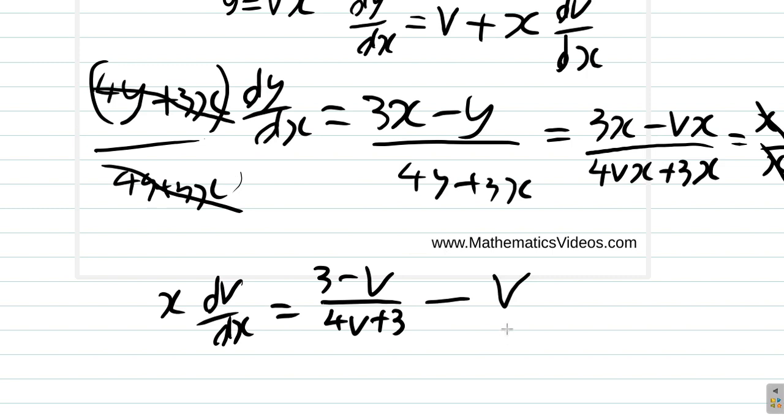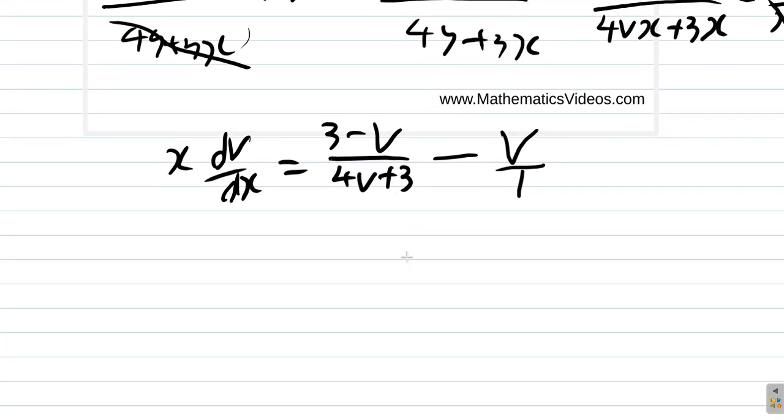Alright. Let's do some fractions here and combine this into one. This is a fraction, 3 minus v over 4v plus 3, minus another fraction, which is v over 1. We could use common denominators, but I'm going to draw the line here, find the LCM of 4v plus 3 and 1. LCM is 4v plus 3.